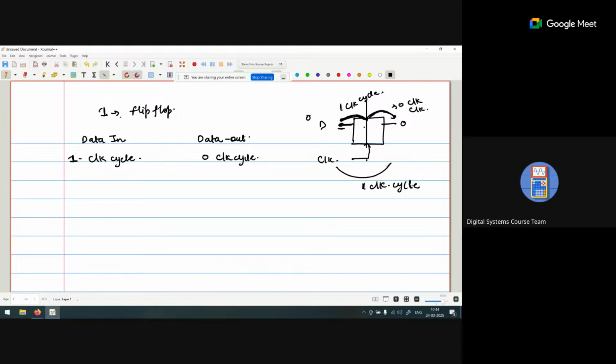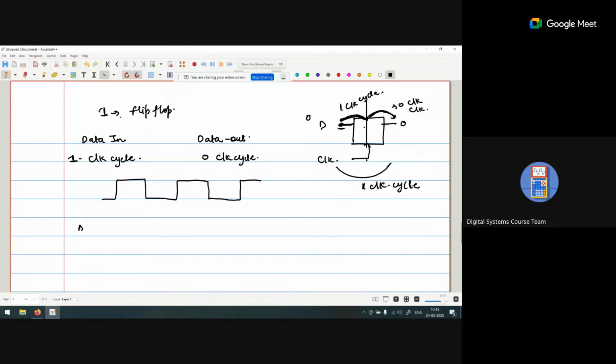If we apply D, if this is my clock cycle, okay.